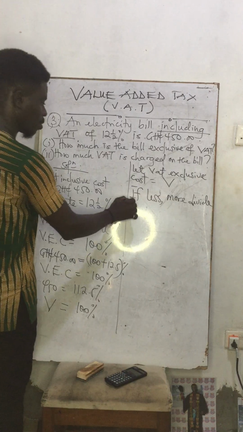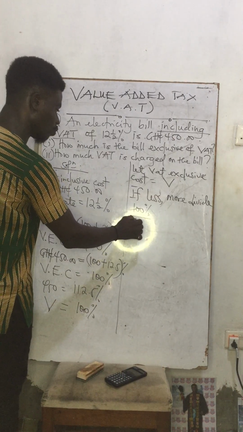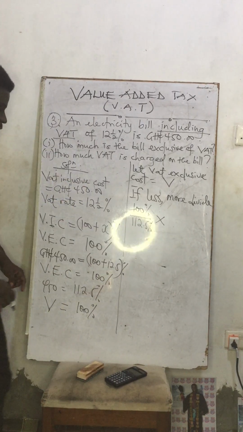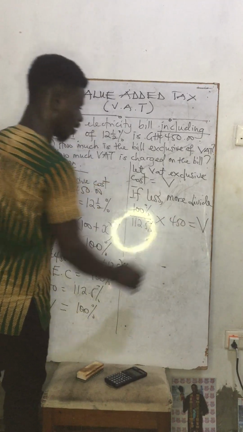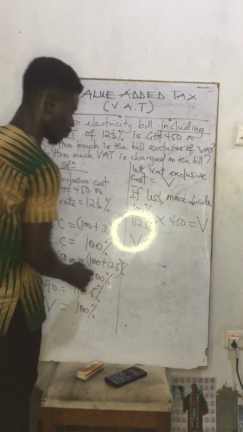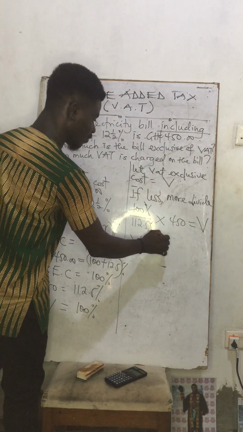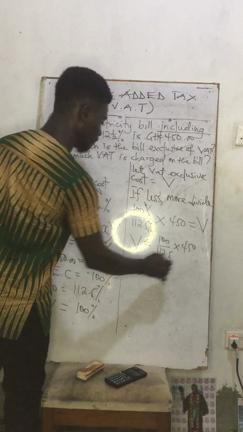So it will be 100% divided by 112.5% times our 450 Ghana cedis, which must be equal to V. Percent will cancel percent, so we have 100 over 112.5 times 450.